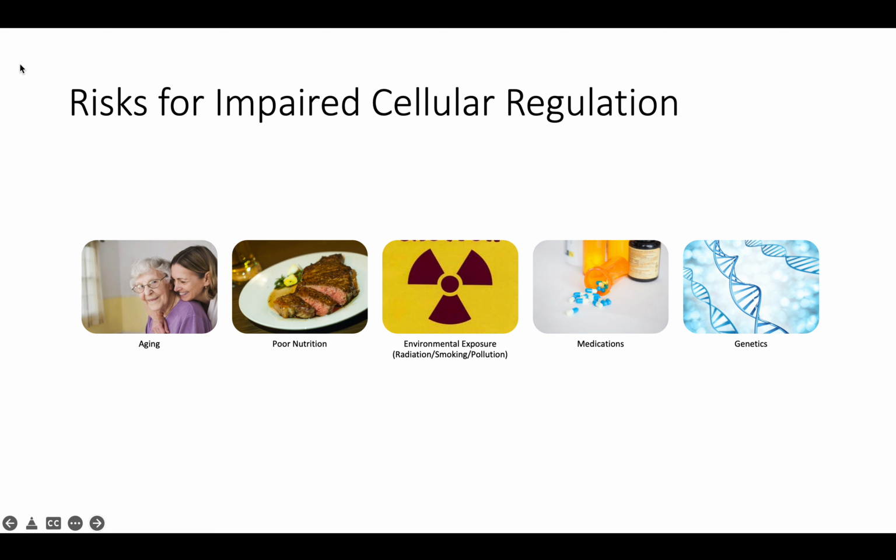You can also have a contributing factor with environmental exposure. Someone that has had a history of radiation for cancer, someone who smokes, or environmental pollution can cause changes in the cellular cycle and cause some changes with cellular impairment. Medications can also induce impairment with cellular regulation.